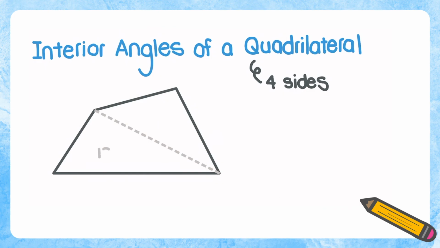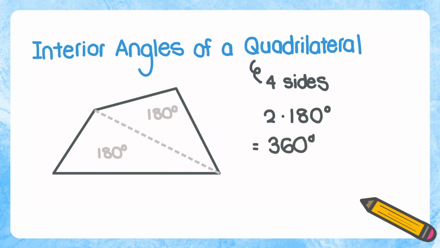I know that the interior angles of a triangle sum to 180 degrees. In the quadrilateral, I have 2 triangles. So I do 2 times 180 degrees to get 360 degrees. The interior angles of a quadrilateral sum to 360 degrees.